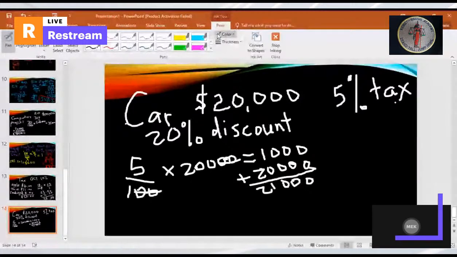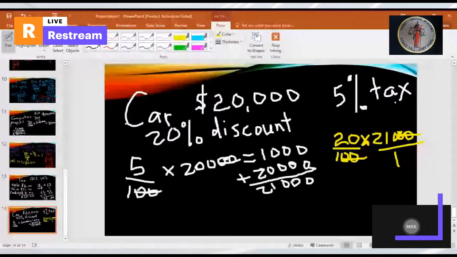Now we're finding 20% of the $21,000. Zeros cancel zeros. That will give us what? 4,200.